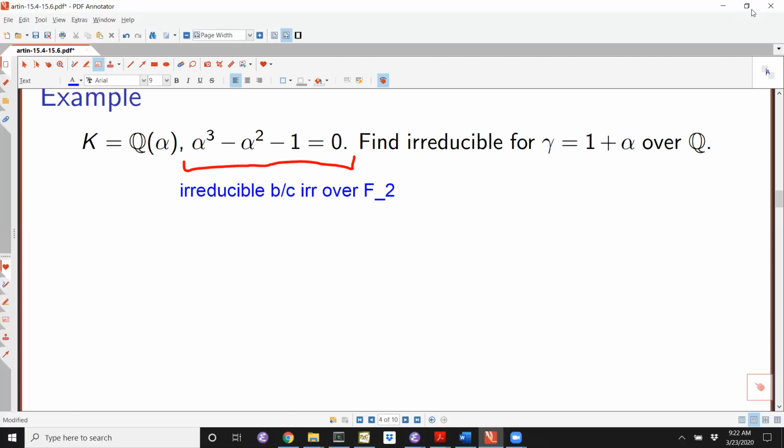So we're going to find the irreducible polynomial for gamma equals 1 plus alpha over Q. All right, so let's see how this goes.